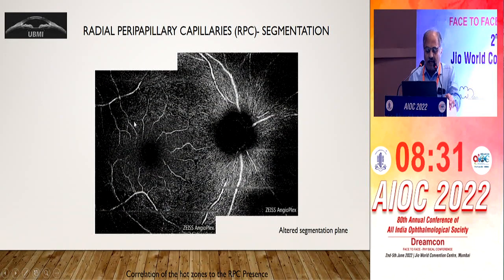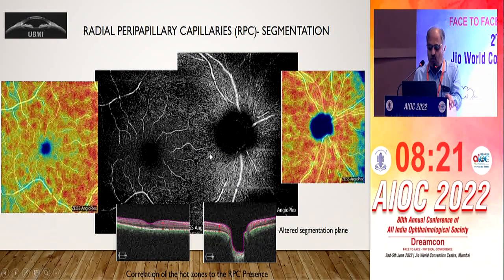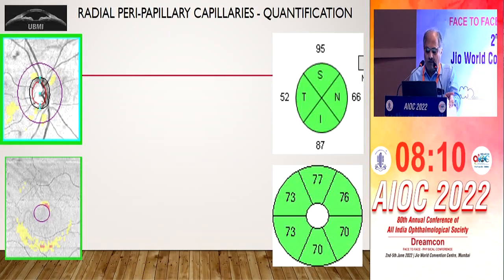Now, what we do in our routine RNFL analysis is what we see as the radial peripapillary capillaries. So if you see here, these are only the radial peripapillary capillaries. They can be quantified with color coding, and all these red lines are radial peripapillary capillaries. And these are the first ones to be affected because of glaucoma, right?